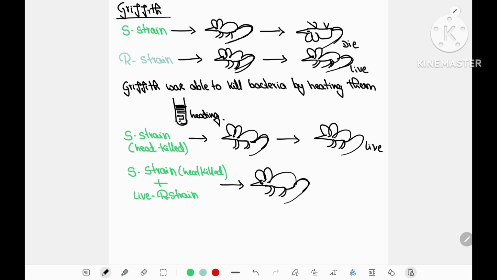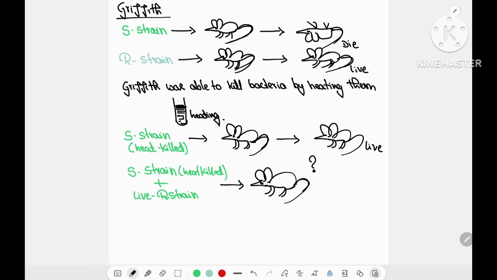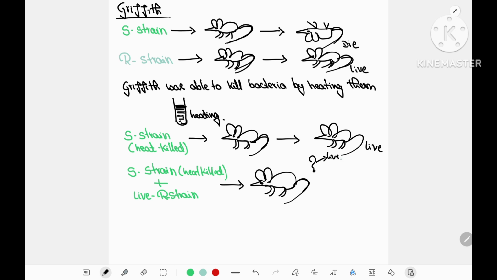So now give some work to your brain. What may happen to the mice? Whether they live or die. In the previous experiments you have studied that R strain does not cause death, and heat killed S strain does not cause death. So we would think that the mice has not died, but the mice has died. This is one very important observation made by Griffith.